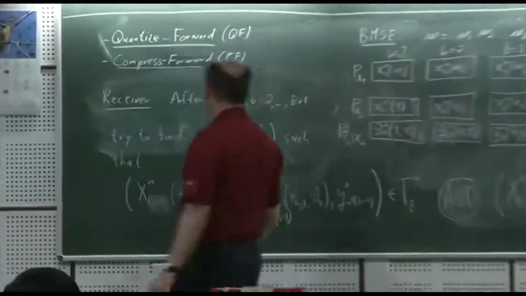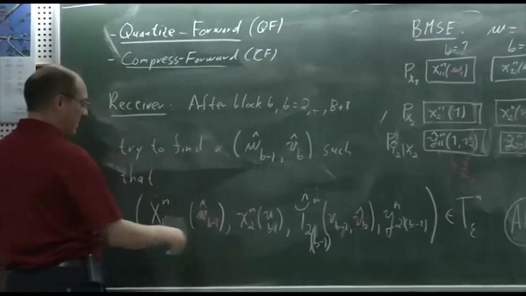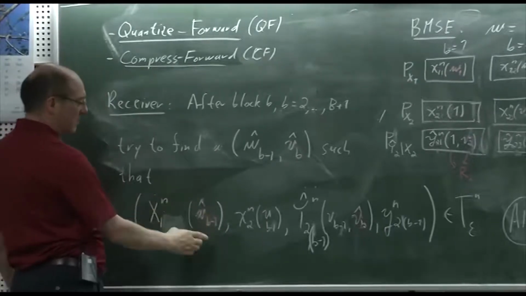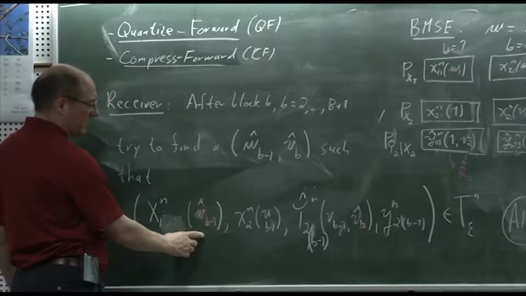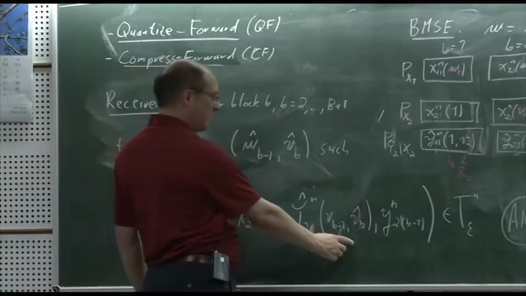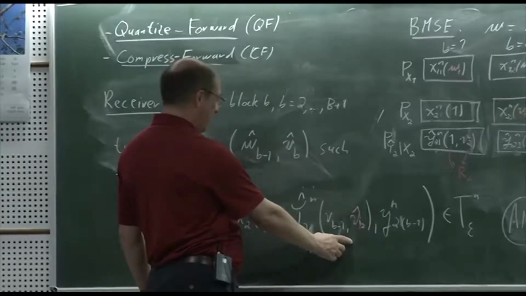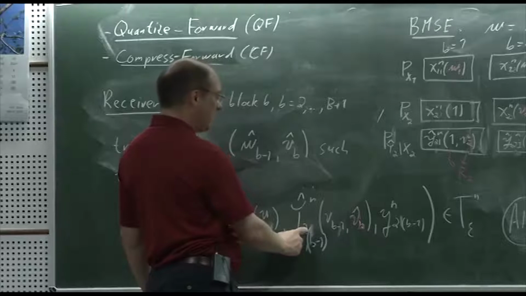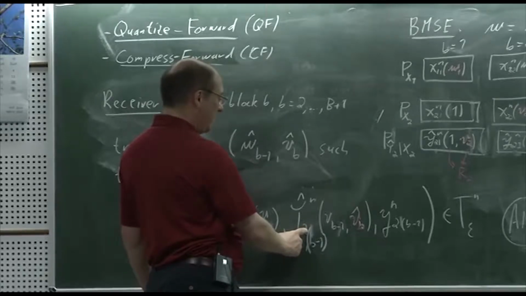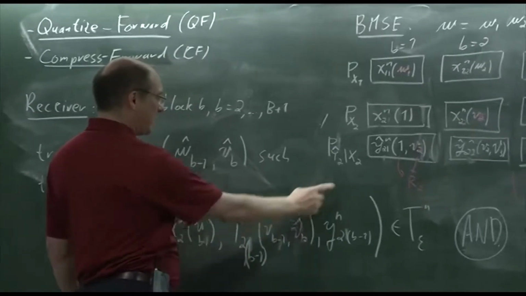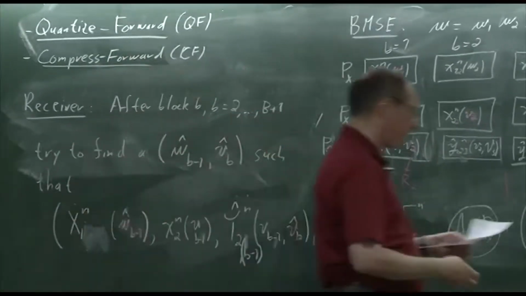Okay, so what's going to happen? If that happens, this one is the correct one, this one here is going to be the one that was actually transmitted, but this one here is different, right? This one here is different. And this one here was chosen based on X2, right?